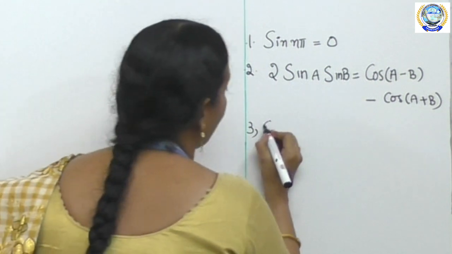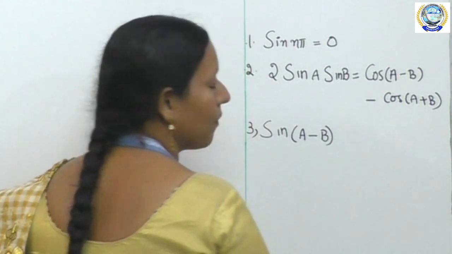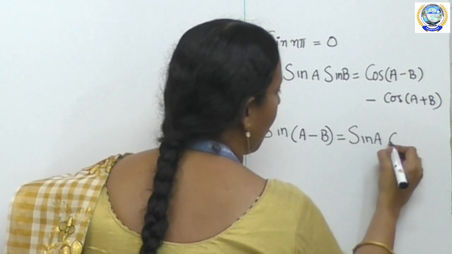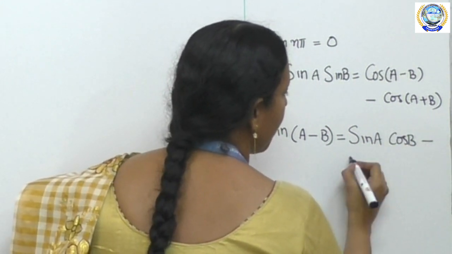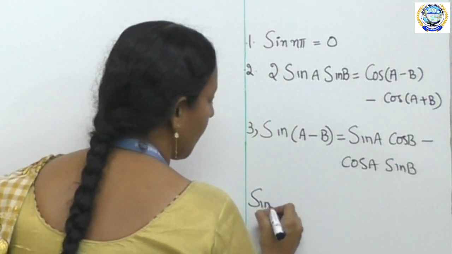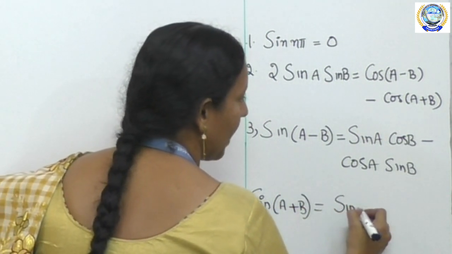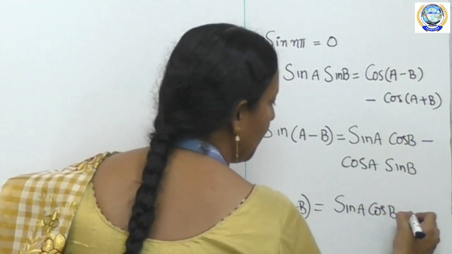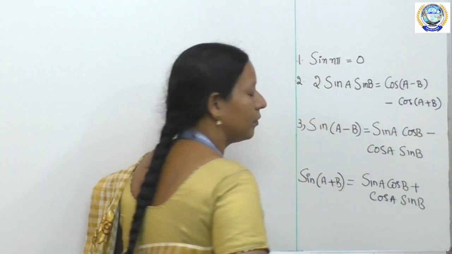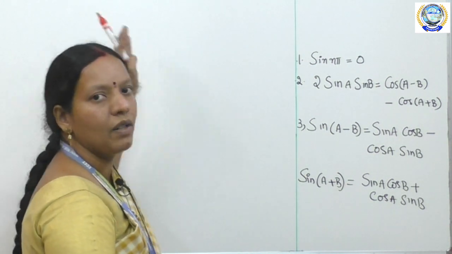What is sine of A plus B and what is sine of A minus B? Sine A minus B equals sine A cos B minus cos A sin B. Sine A plus B equals sine A cos B plus cos A sin B. Okay, we will use these formulas while evaluating the integral.